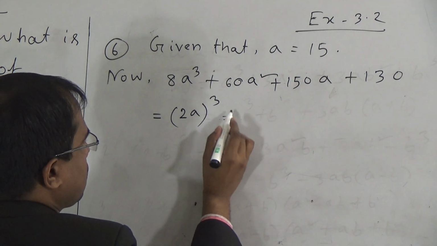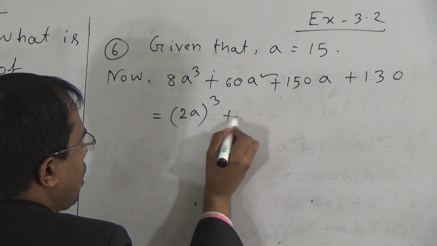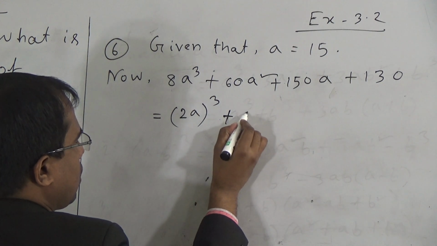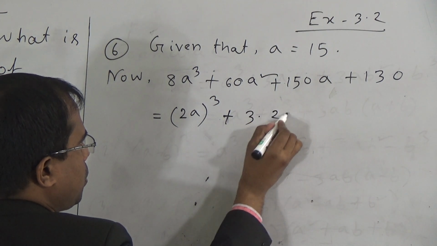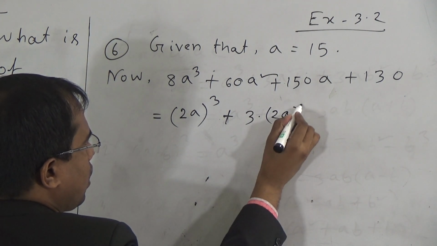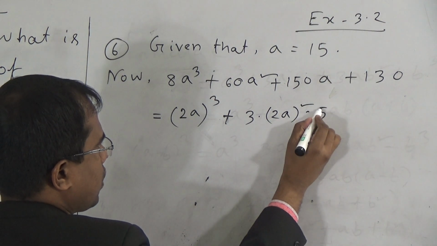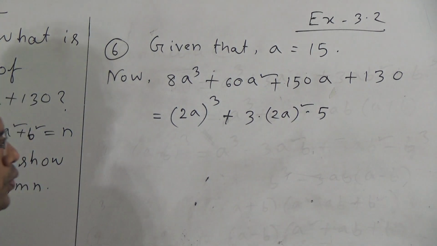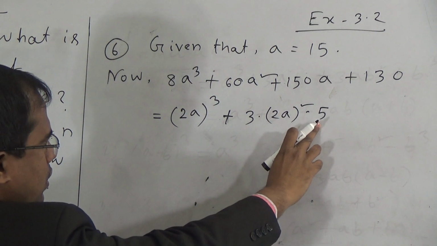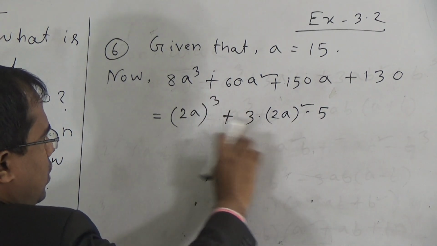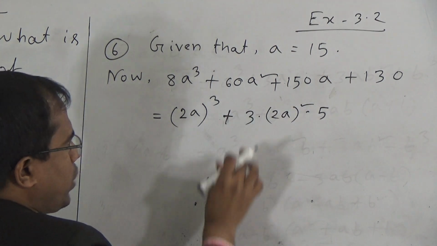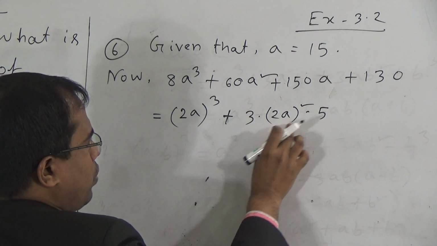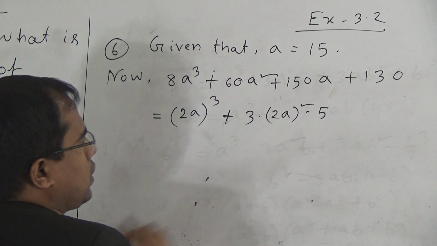Now instead of 60a square we can write 3 into (2a) whole square into 5. Here 2 2s are 4 and 4 5s are 20 and 20 3s are 60 a square. So we can write 3 into (2a) whole square into 5 instead of 60a square.